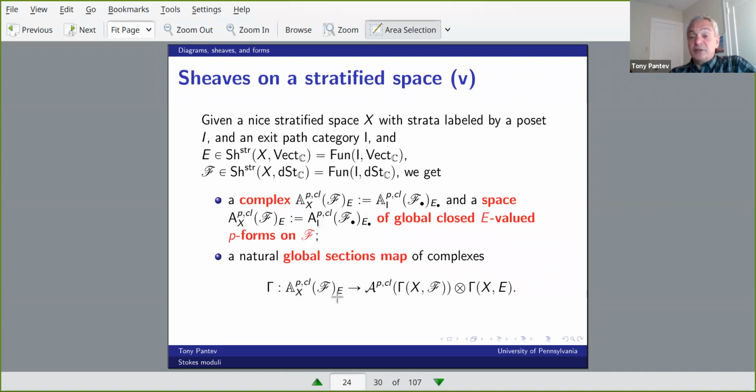And you have a global section map, which goes from the global forms to the closed p-forms on the global section of the sheaf of stacks, tensored with the cochain complex, the cohomology complex for the given complex of vector spaces.